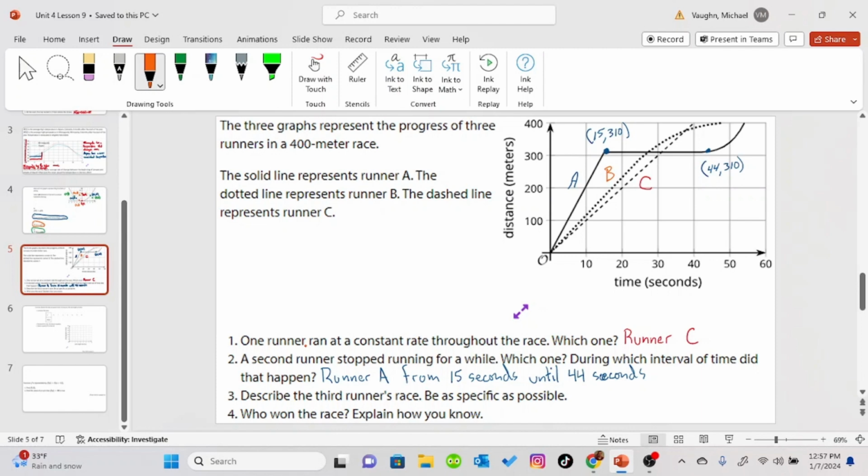We can see that they begin running the race at a constant rate until about 26 or 27 seconds, and then we see this curve flatten off some. What's happening is they start running fast for the first 27 seconds, and then they start to slow down.